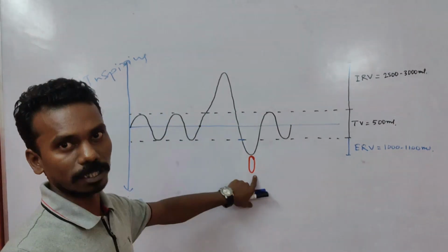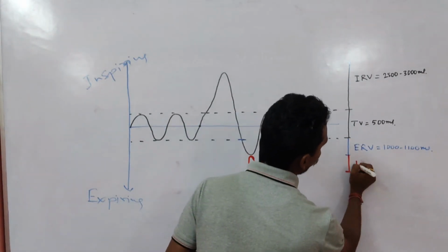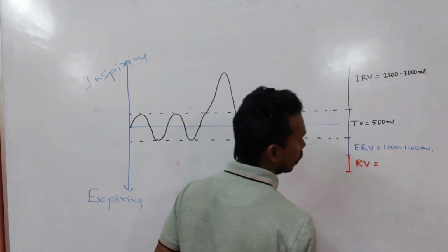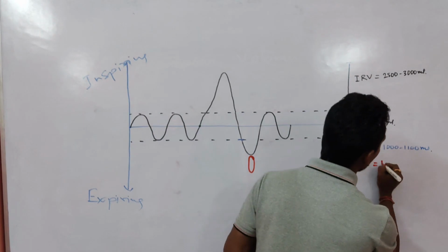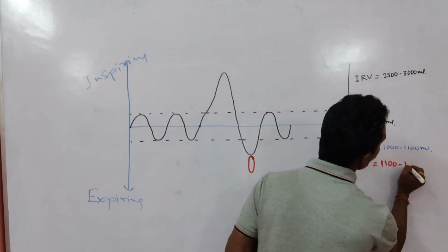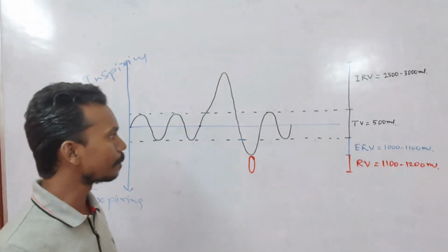This volume is called residual volume, which accounts for approximately 1100 to 1200 ml.